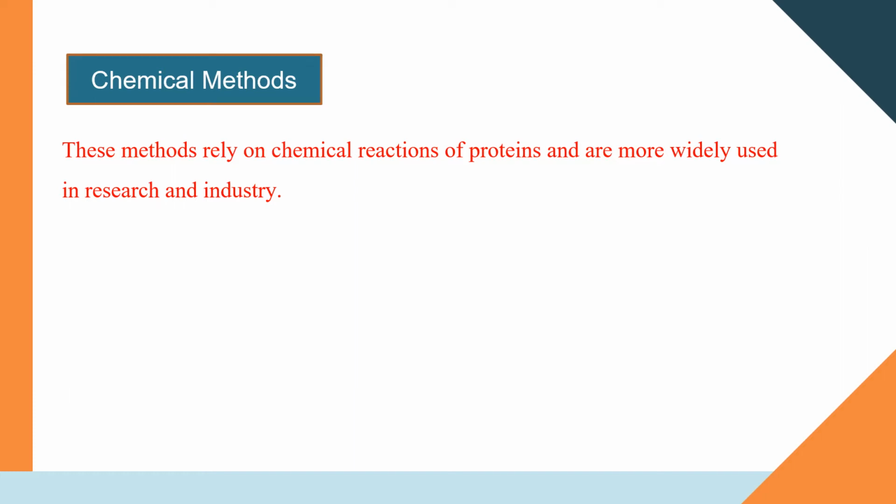We are going to focus on two chemical methods. We mentioned four chemical methods, but we are going to discuss only two because those two are the most widely used in industry and research. Those are Kjeldahl method and formol titration.